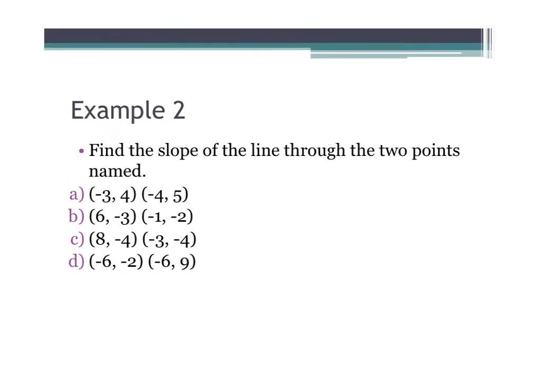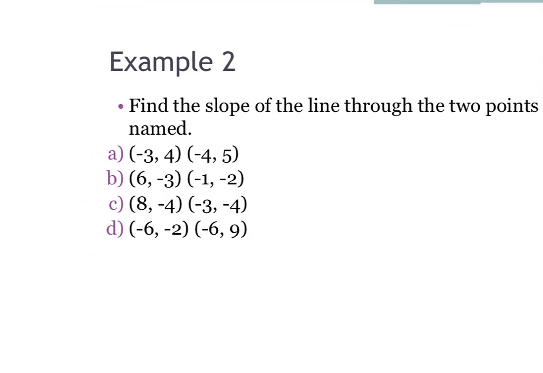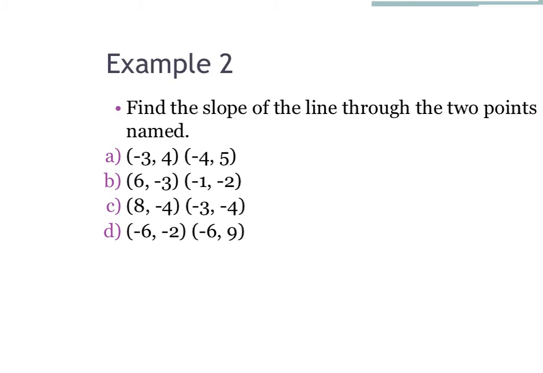Example 2. Find the slope of the line through the 2 points named. All right, so whenever we have a problem where it's asking us to find the slope, we want to label each as x1, y1, and x2 and y2. So we're going to label this x1, this y1, this x2, and this y2. And remember, our slope formula is m equals y2 minus y1 over x2 minus x1.